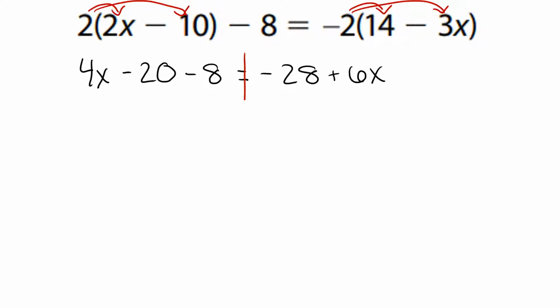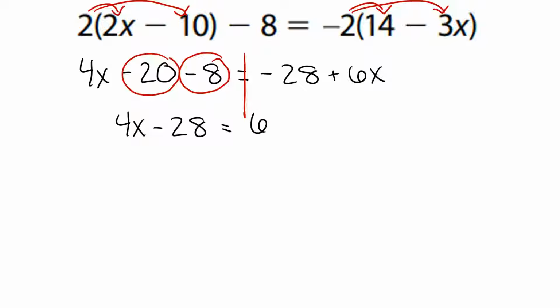We can go ahead and combine our like terms. Negative 20 and negative 8, we consider those minus signs negatives. And we get negative 28. And we have a 6x and a negative 28 on that side. Looking here, the 4x and the 6x are different, so the slope is different.